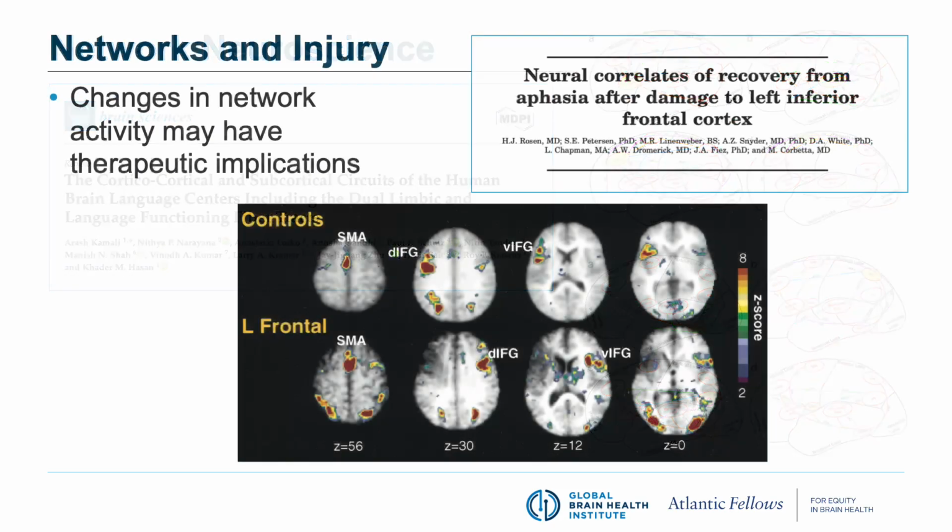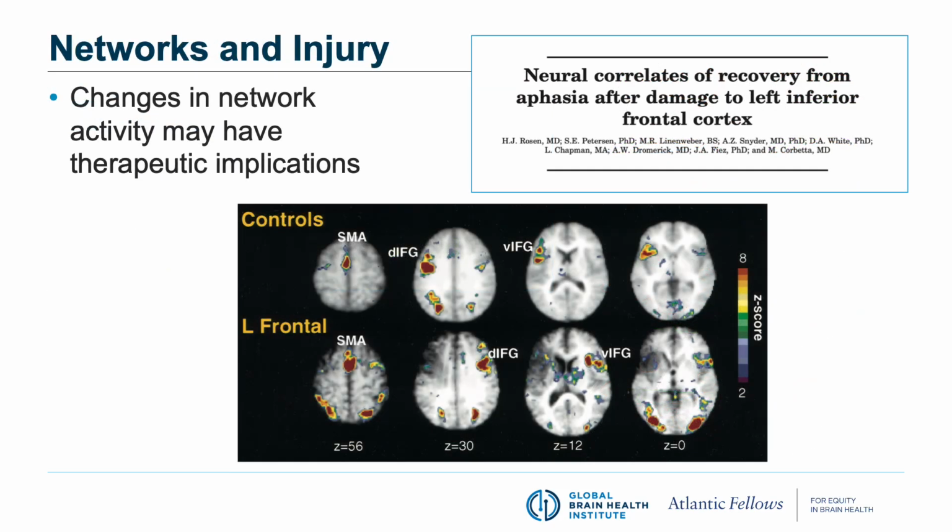But I'm going to also go on to the brain injury concept and how this work has been thought of as contributing to that. This actually is a paper from 2001 or 2, I think, where the idea was to look at how the brain responds to a stroke that causes an aphasia. And in this study, we actually studied 6 patients with aphasia, all of whom had lesions in the sort of Broca's area.